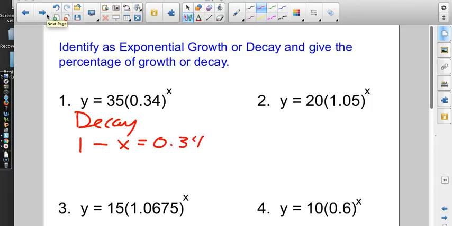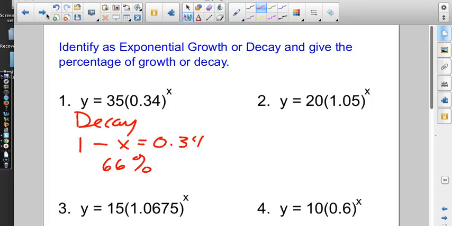Now, most of the time we don't set up the algebra equation because with 0.34, we can think in terms of money. So most people would say, okay, if that's 34 cents, that means they took away 66 cents. So it was actually minus 66%. And just kind of do it the thinking way through there.